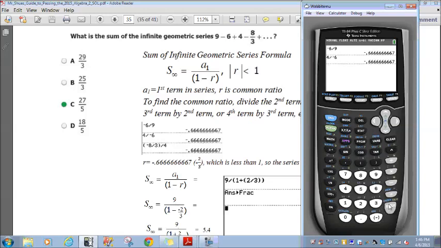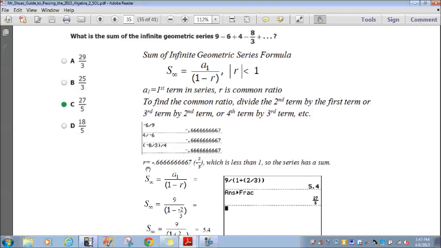And then just to check for good measure, I divide the fourth term, negative 8/3, by the third term of 4. So we see consistently that the common ratio between each of these steps is negative 2/3. Okay? So our ratio is negative 2/3, which is less than 1 in absolute value, so there is a sum to this series.